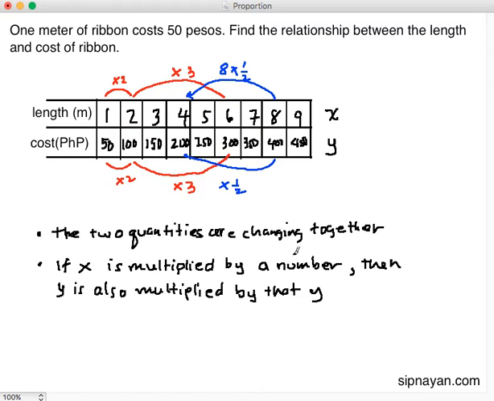So whatever you multiply with x, you also multiply by y, by that number. If x is multiplied by a number, then y is also multiplied by that number. So yung ganitong klaseng relationship, ang tawag natin dyan ay direct proportion, no?